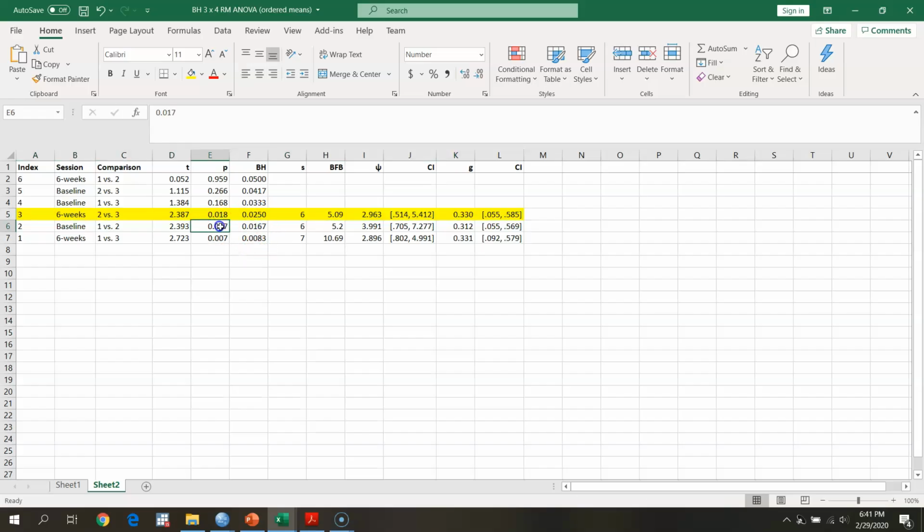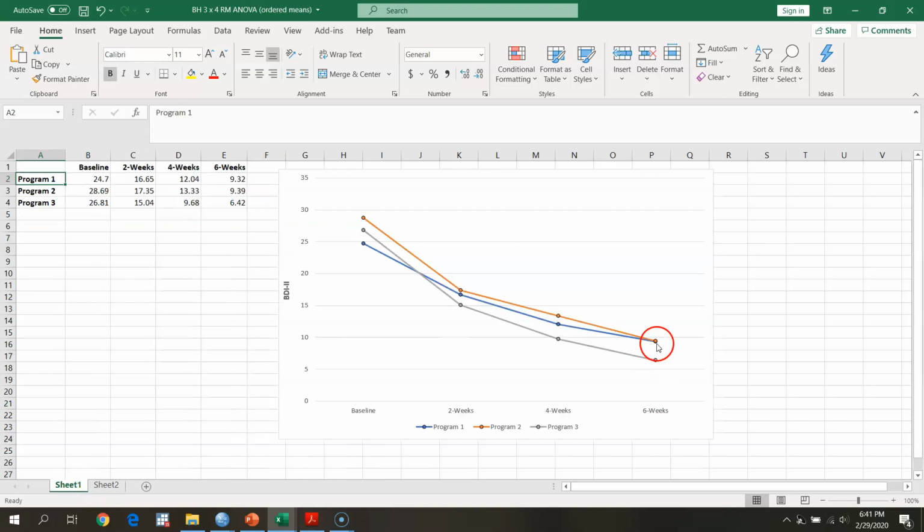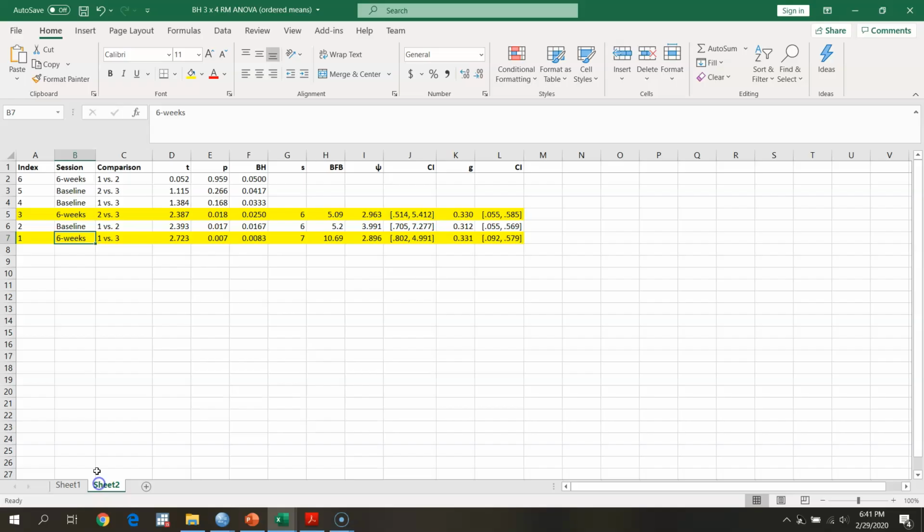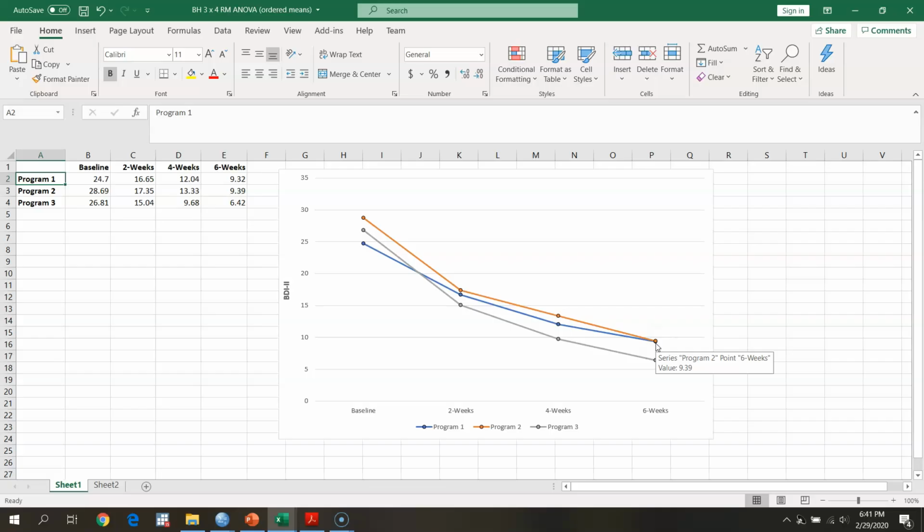This one doesn't look like it quite cuts the mustard, but another endpoint we're seeing here does. So we've got 2 tests, both at the end of treatment: 2 versus 3 and 1 versus 3. If we take a look back at our graph, both group 1 and group 2 show evidence, even with the more stringent tests, of being different from program 3 at the end.